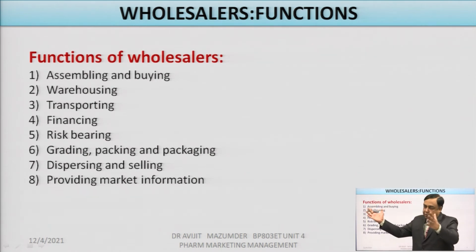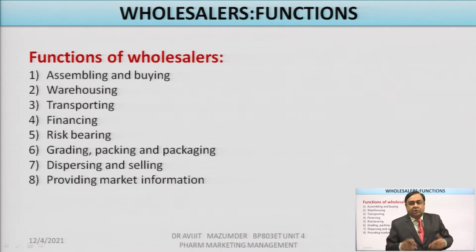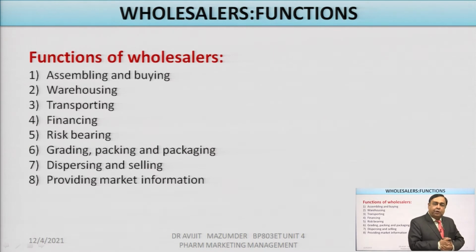They are purchasing those tablets in bulk, they are assembling them. The next function is warehousing. Today they are purchasing, it is not necessary that they will be sending the product today itself. They may require to keep the products under their custody for a certain period of time before they are giving it to the retailers.